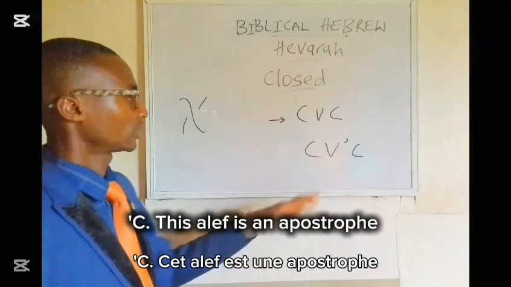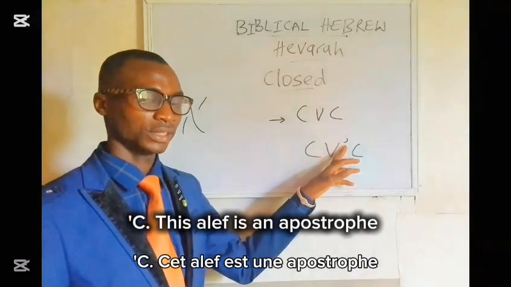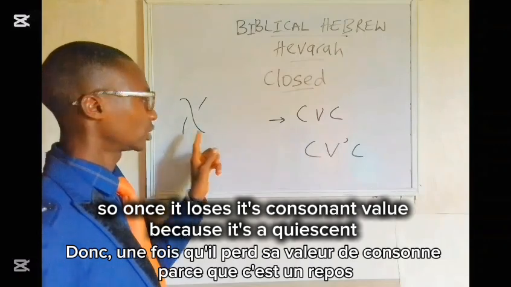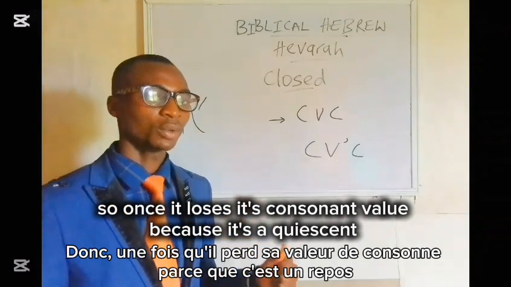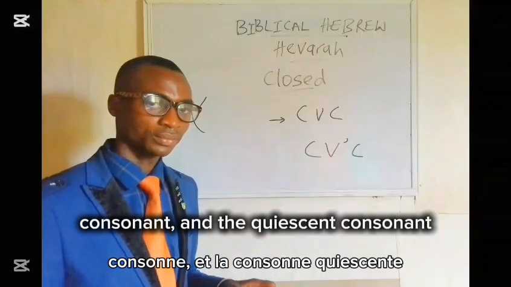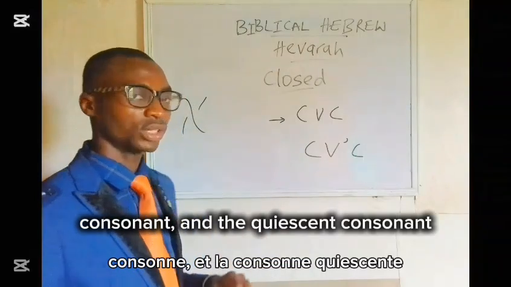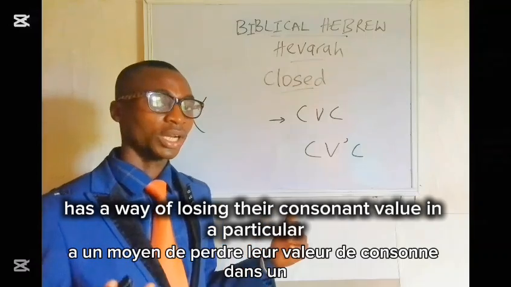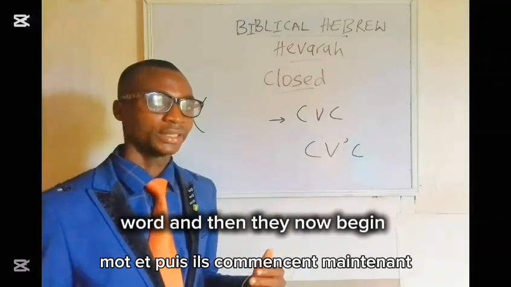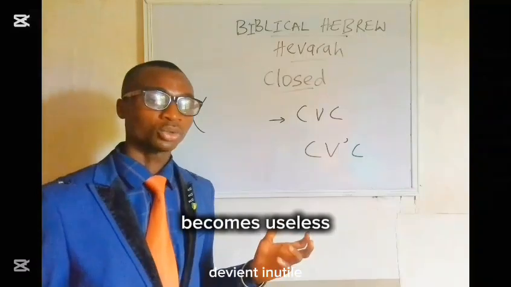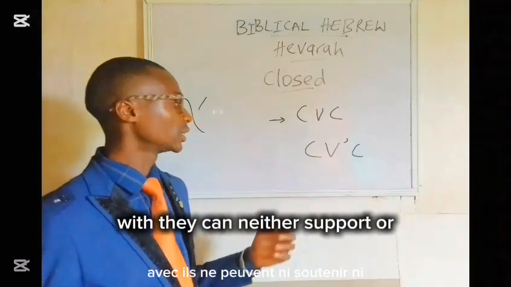So this Aleph is an apostrophe. Once it loses its consonantal value, because it's a quiescent consonant, and quiescent consonants have the ability to lose their consonantal value in a particular word, they become useless.